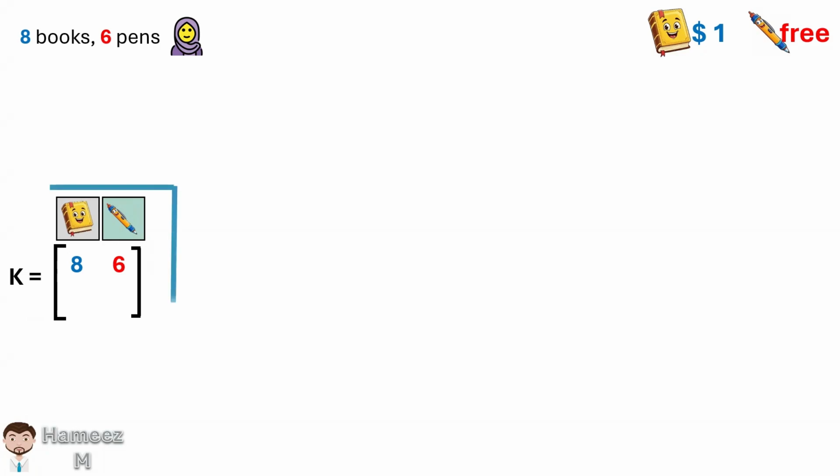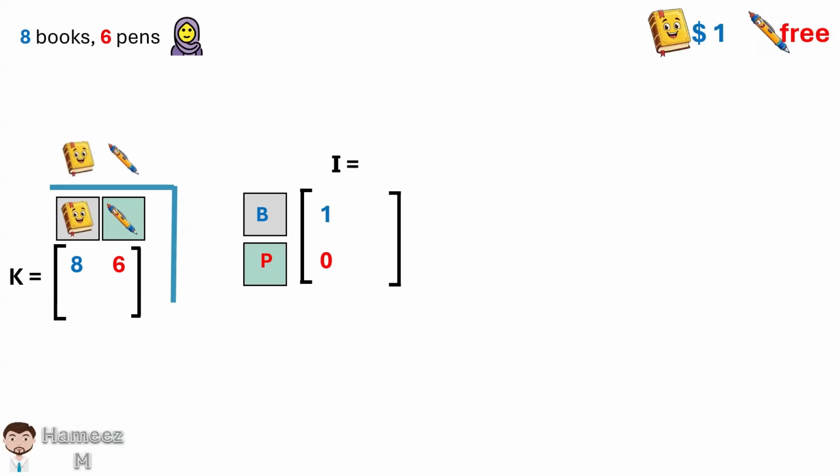And of course, the same format. Let's get accustomed that we want to go to the store where we have books and pens. And the identity is $1 for books. And the pens are free. Therefore, if we want to move, then books and pens will come down onto the point where they're lined up.